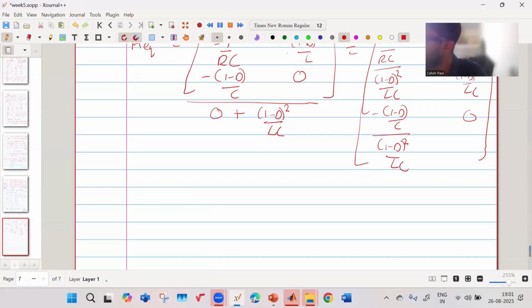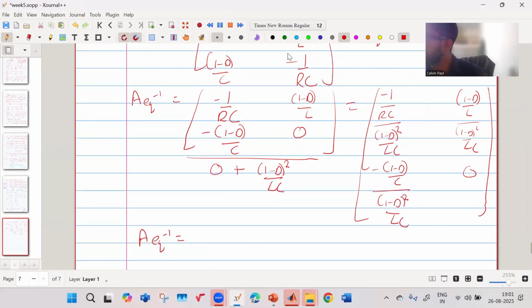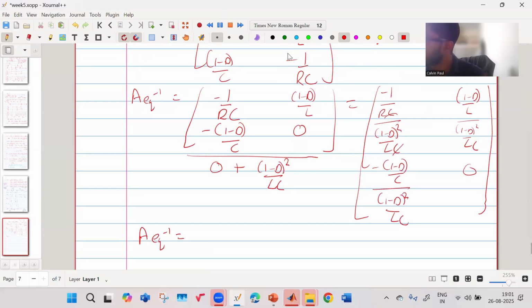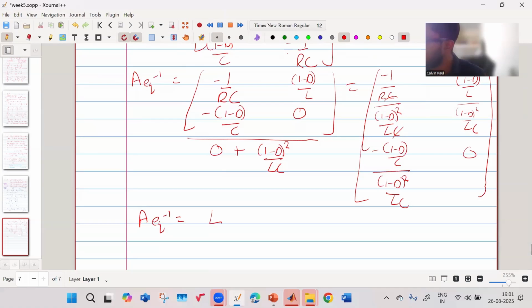So our A equivalent inverse becomes equal to, C and C get cancelled, so it becomes L upon R 1 minus D square.